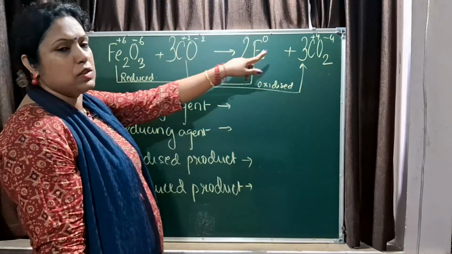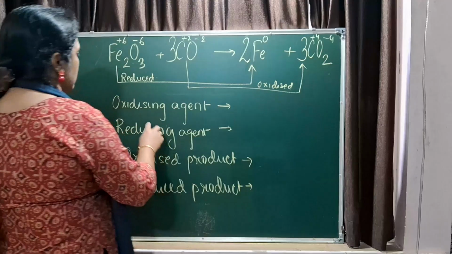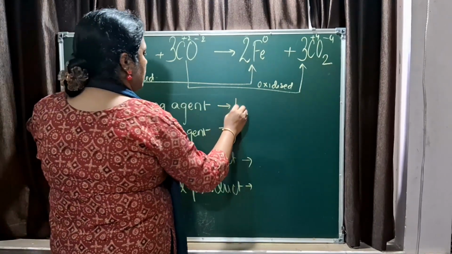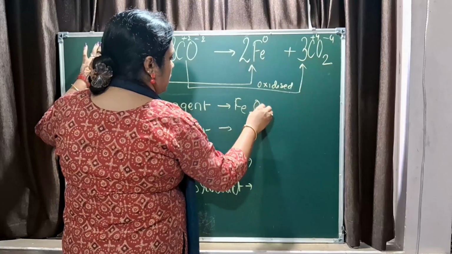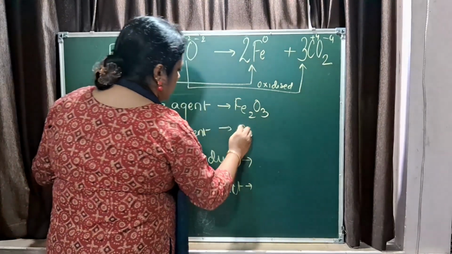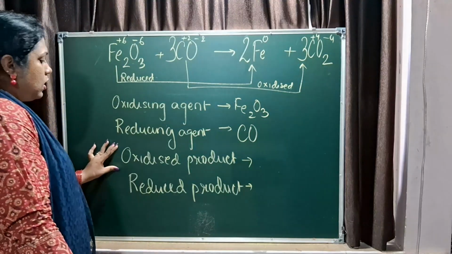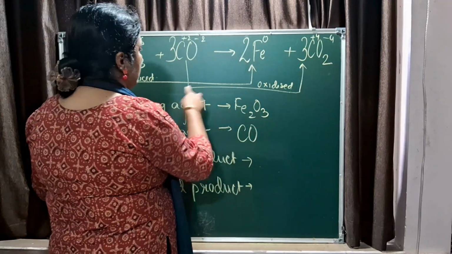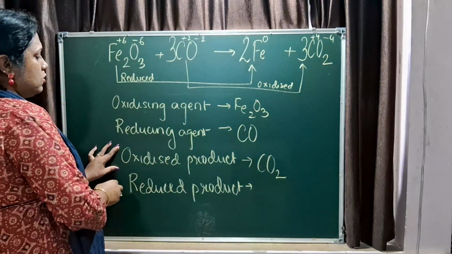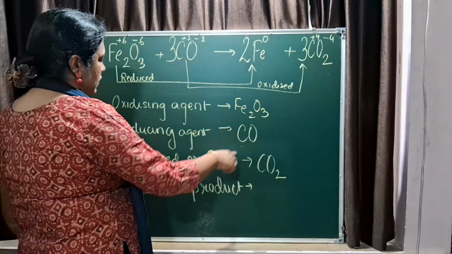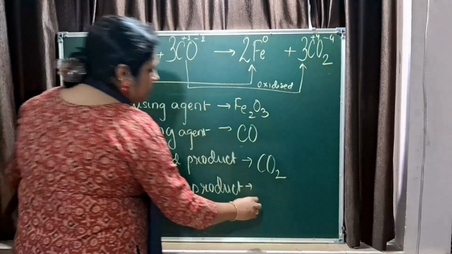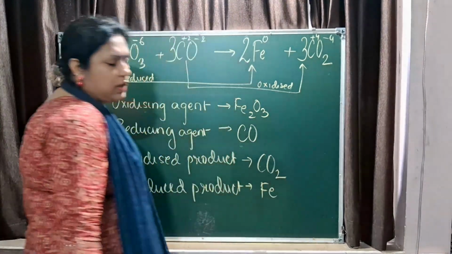So the oxidizing agent will be the one which is getting reduced, that is Fe2O3. Reducing agent is the one which is getting oxidized, carbon monoxide. Oxidized product is carbon dioxide, and reduced product is iron metal. Is this clear?